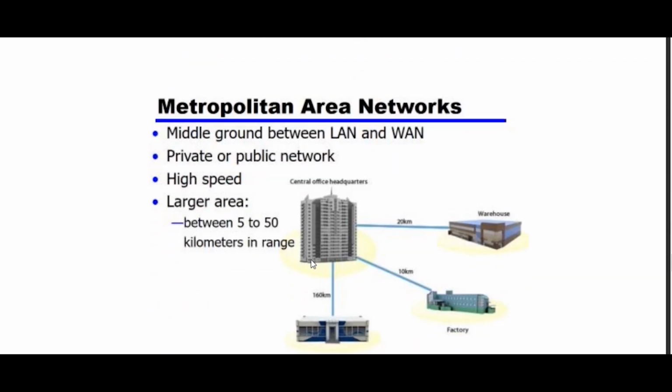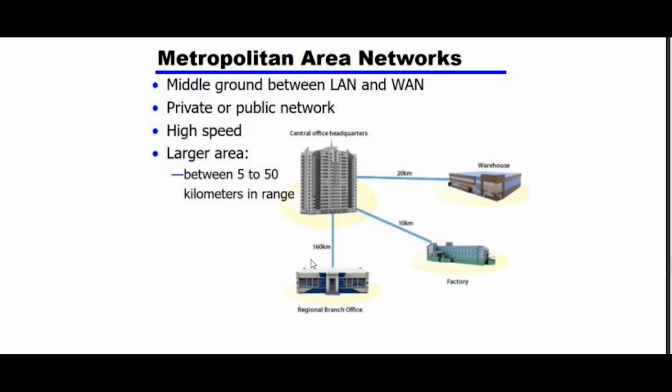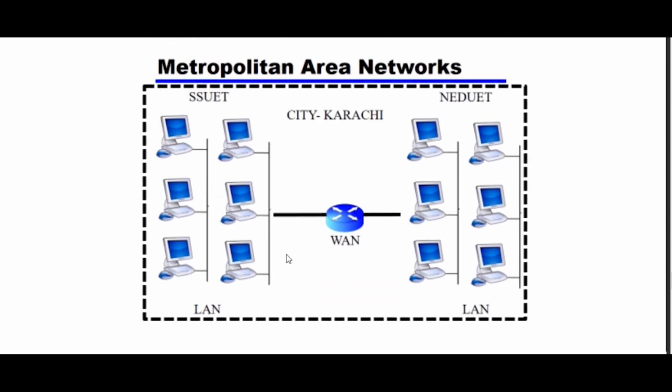Then there is the metropolitan area network, which can cover a large area up to kilometers. It can be private or public. It can be in an organization, or it can be in a chain of organizations. Like one organization has a head office, then it has a factory, a warehouse, and a regional branch. All of them are connected in a metropolitan area network.